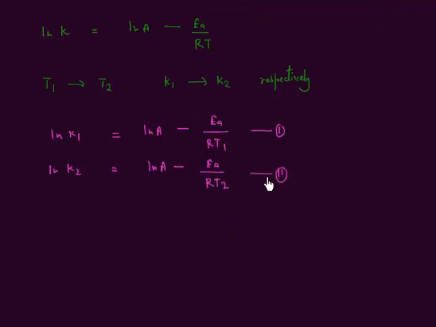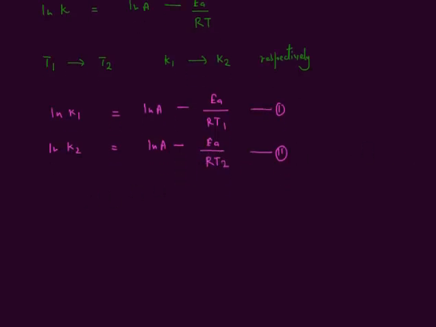Well, to get a single equation for a reaction which is taking place at two different temperatures, we can subtract the first equation from the second one, so that we can get one uniform equation.